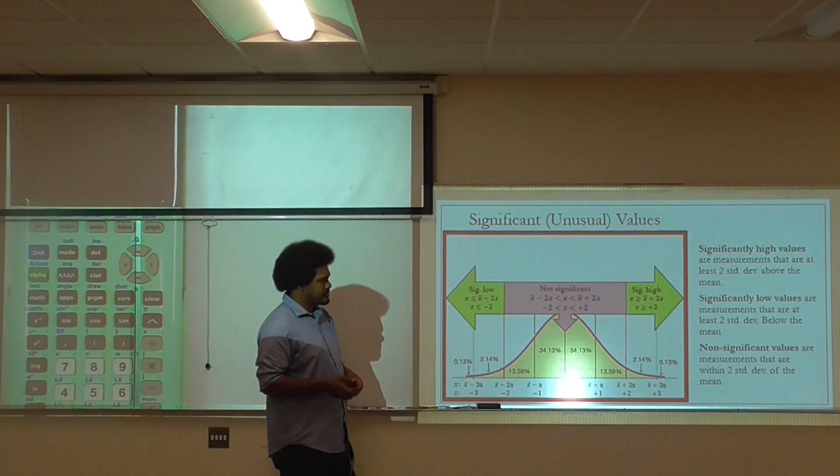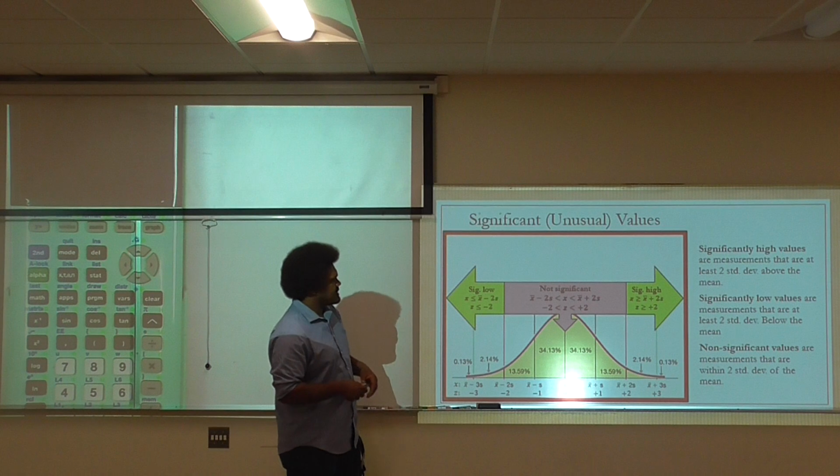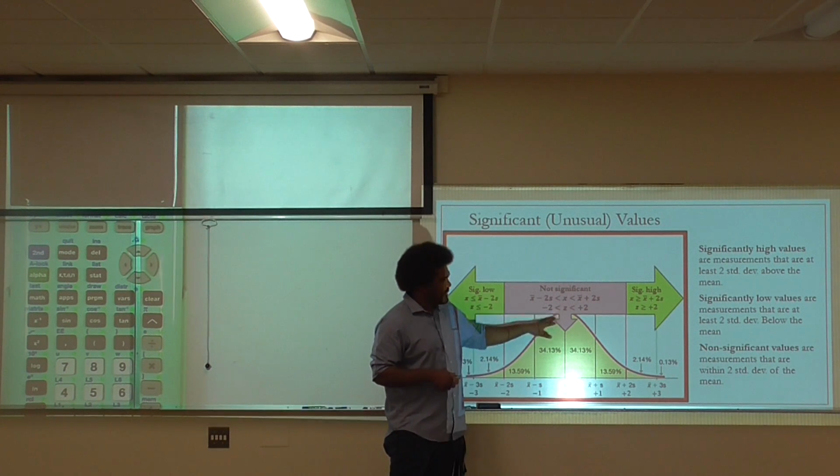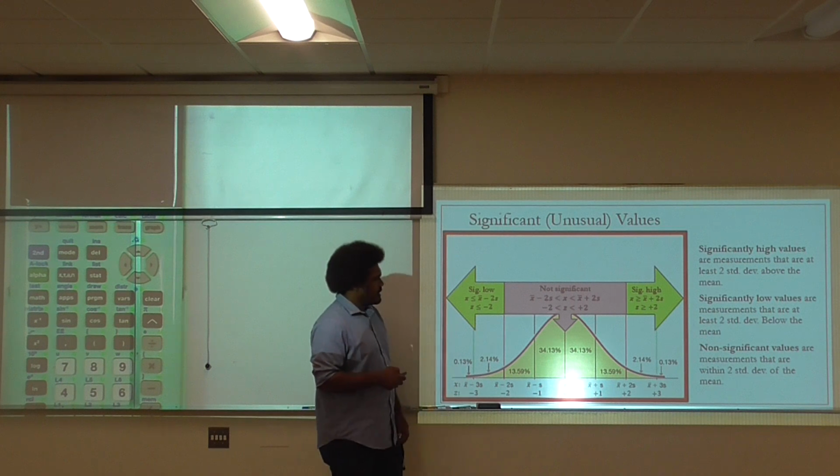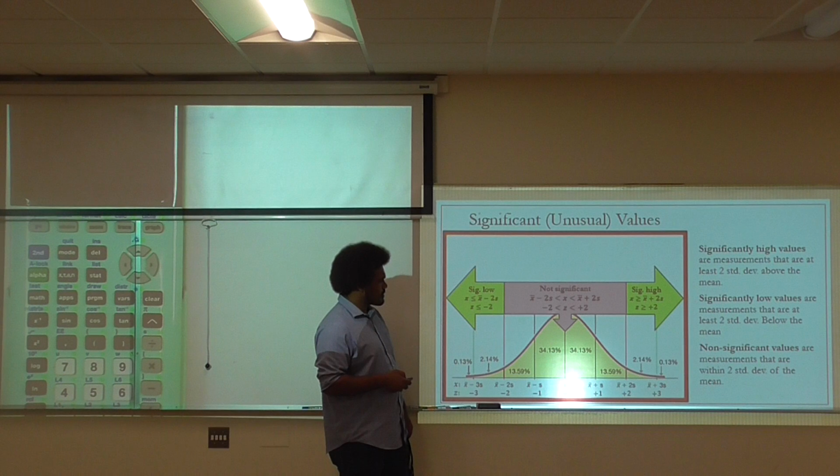And the same thing happens if it's in between -2 and +2, somewhere in between, then we know it's going to be usual, aka not significant. We're seeing the same thing happen. The whole group is standard deviations.